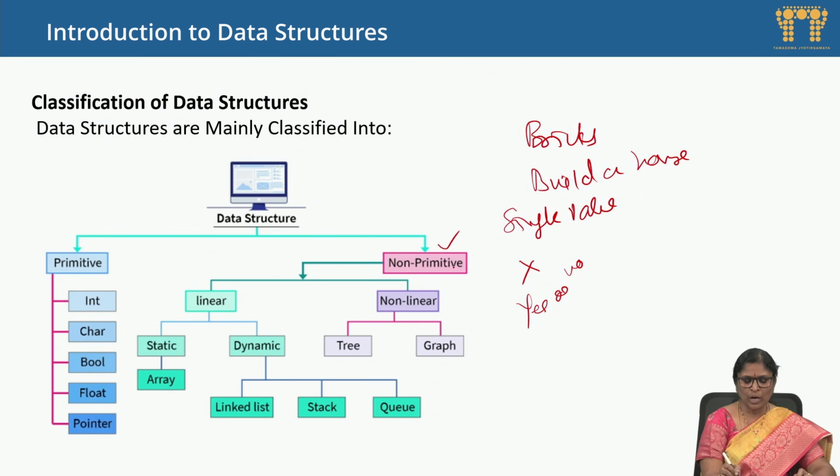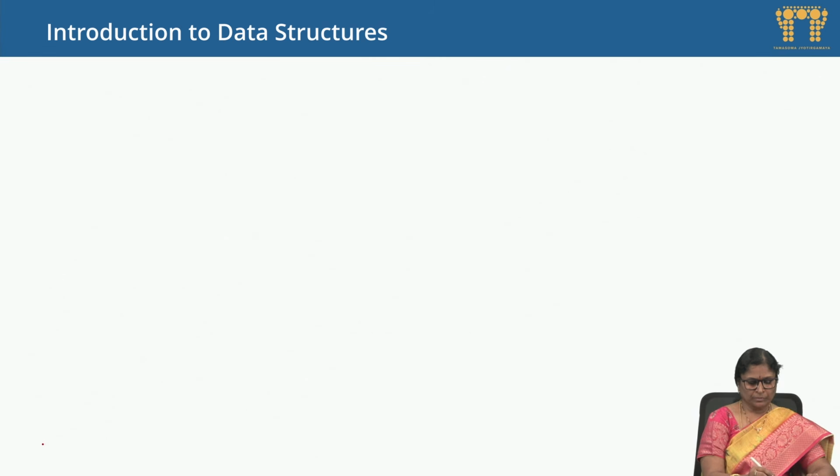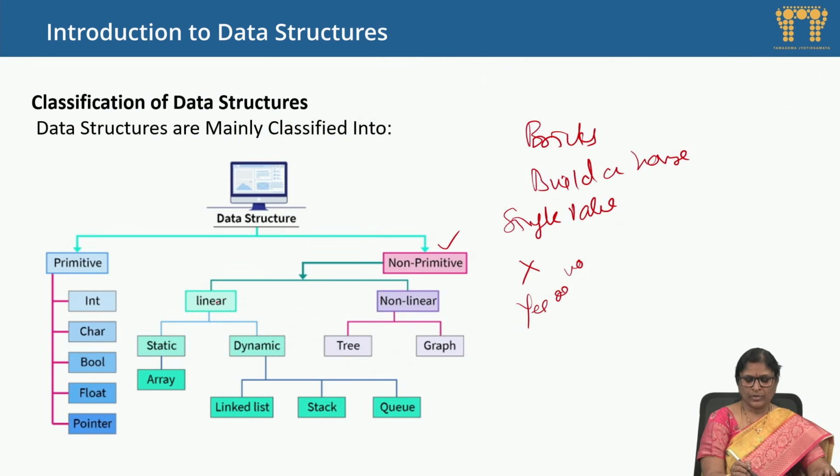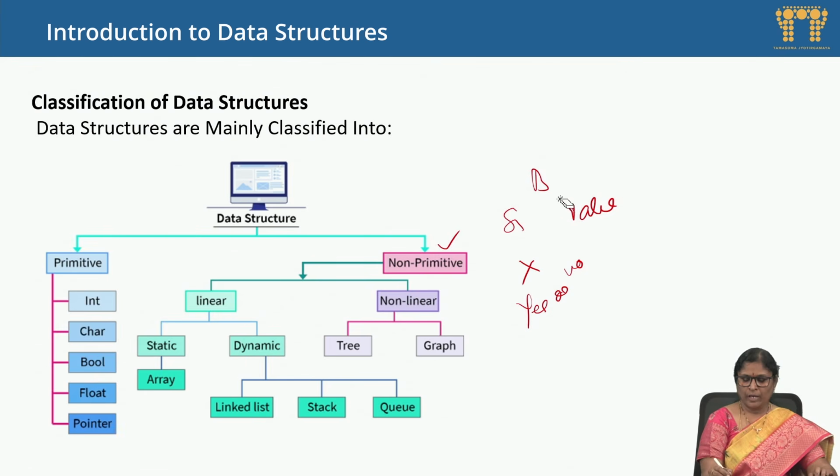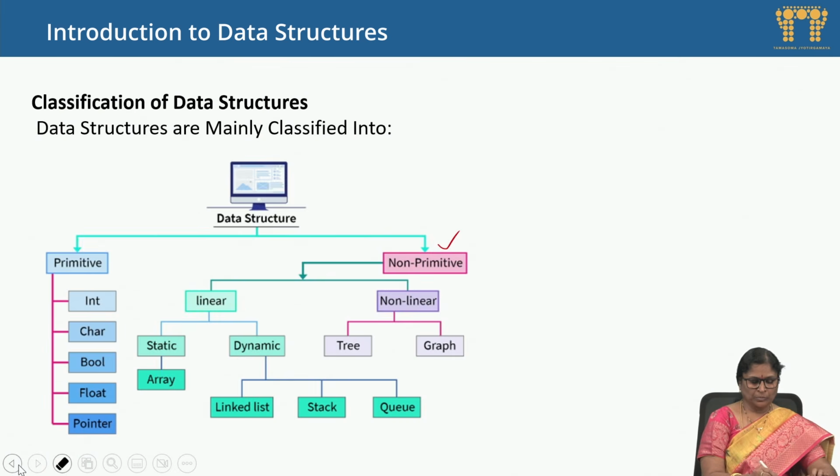The non-primitive data structures have been classified into linear data structures and non-linear data structures. First we discuss the linear data structure. A linear data structure is one where the elements are arranged in a sequence, right?